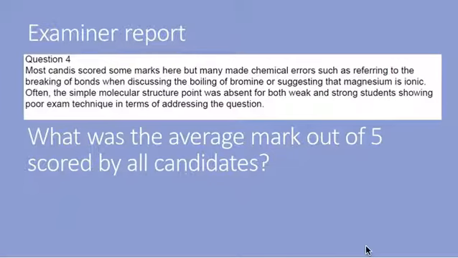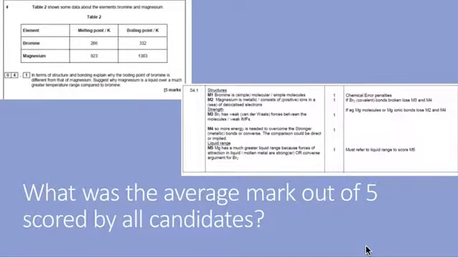Okay, the suggestion is 3. The average for all of them was 2 and a quarter, so 2 out of 5.